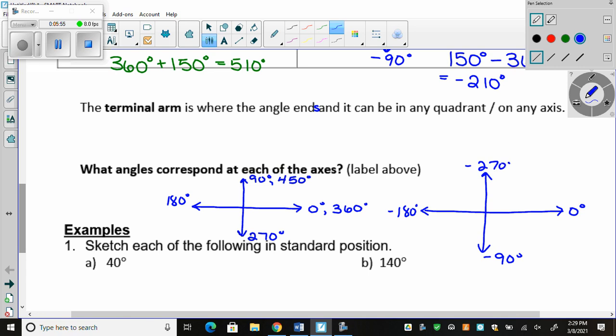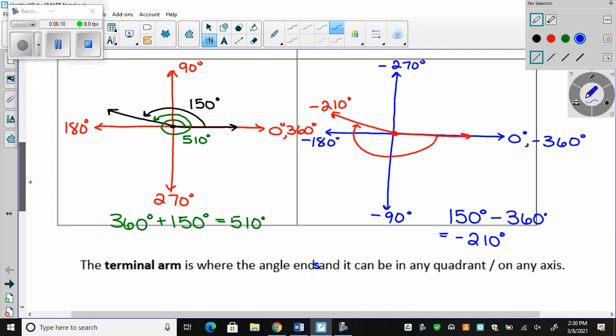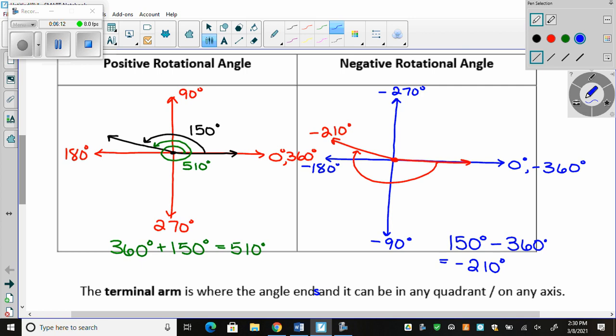So the way that people know that it's a negative angle is by you labeling these arms. Then they know you're going in a negative direction, right? Plus, if you look here, this one I had an arrow going this way, which was counterclockwise, which meant it was a positive angle. And this one I had starting on the initial arm going to the terminal arm clockwise, so it's a negative angle. Does that make sense?